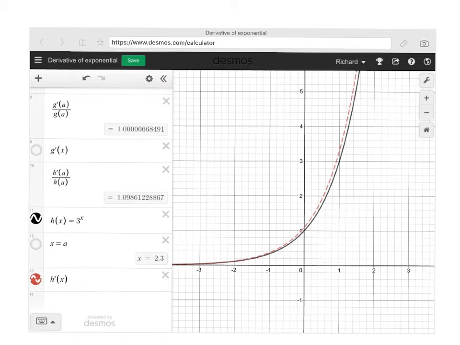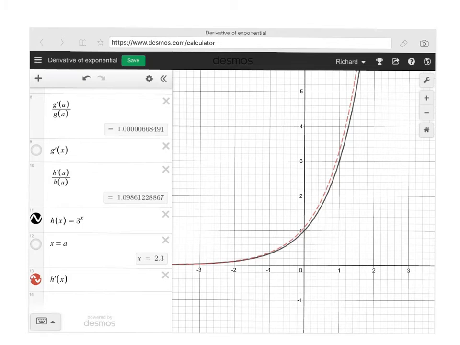So now the derivative is greater than the function value. Okay, so the slope is greater. So for example, if you had bacteria growing and the equation was 3 to the x, if it was tripling, then that would mean the growth of bacteria would be more than tripling.